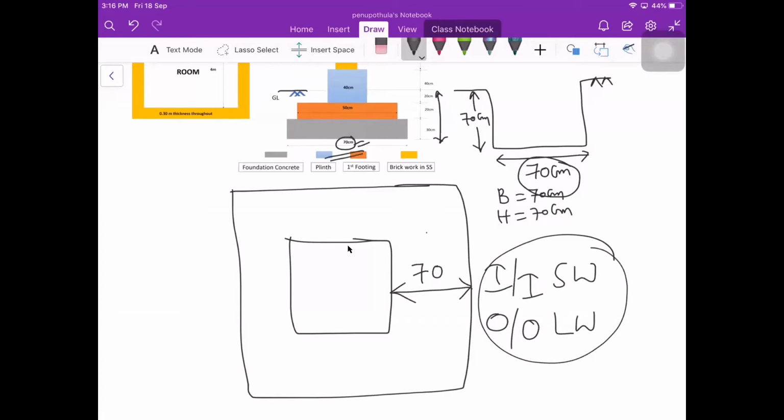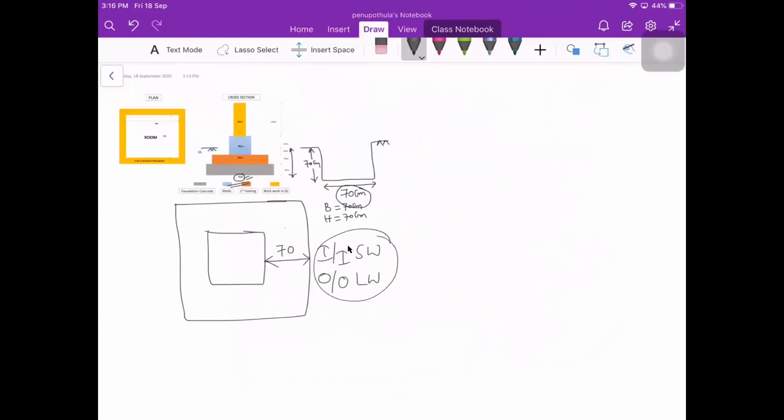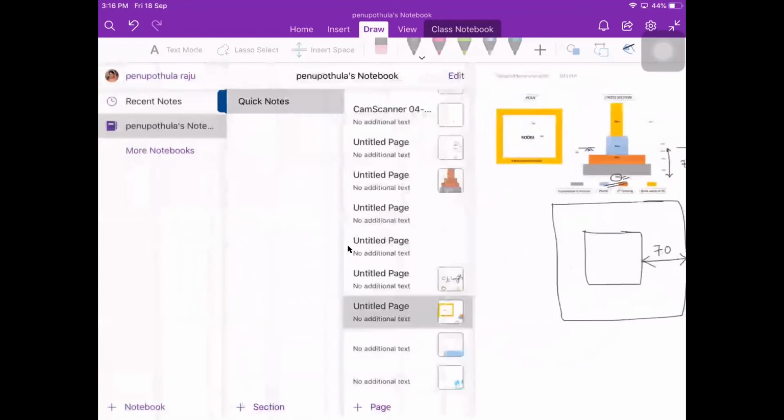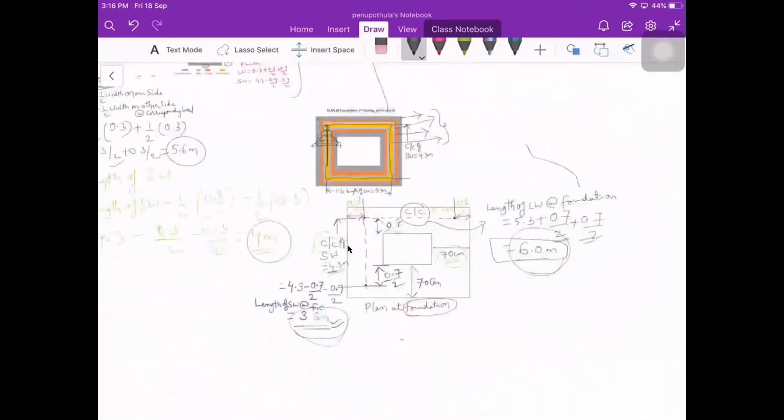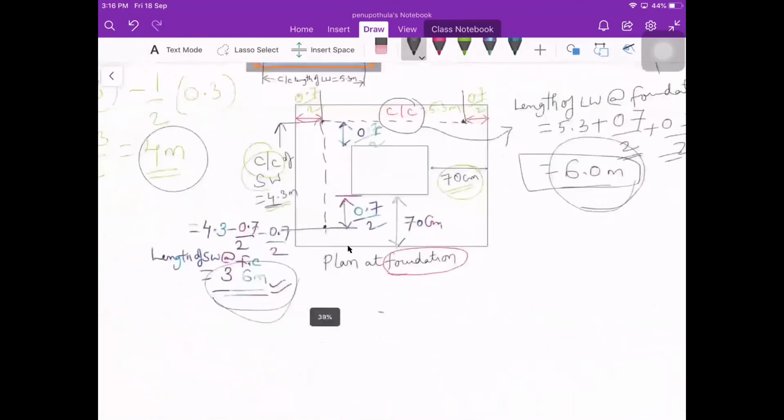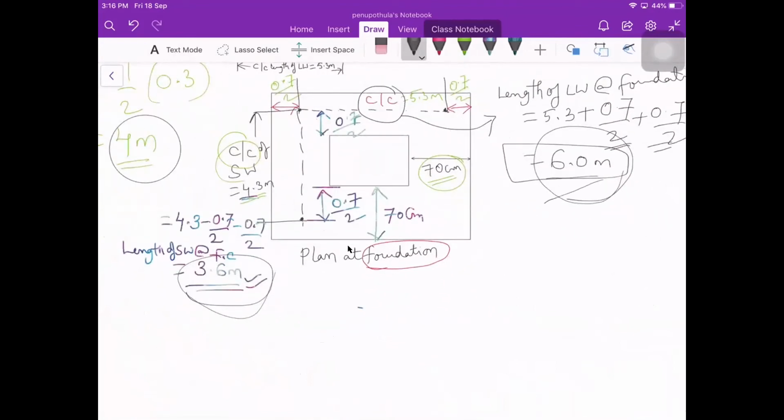So what is the thing which we found in the last step? Length of long wall is 5.3 plus 0.7 by 2 plus 0.7 by 2, which is 6 meters. Remember, the length of the 30 centimeter long wall here is 6 meters. Length of short wall is 3.6 meters.